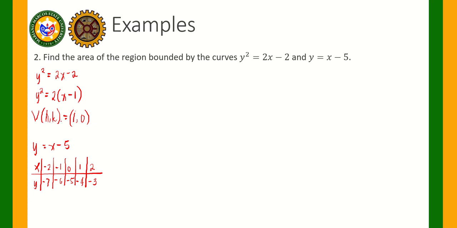So for this one, since positive to, our parabola opens. Okay, so nasa horizontal axis tayo. And since this is positive, our parabola opens to the right. Okay. So yung curve natin will look like this one.